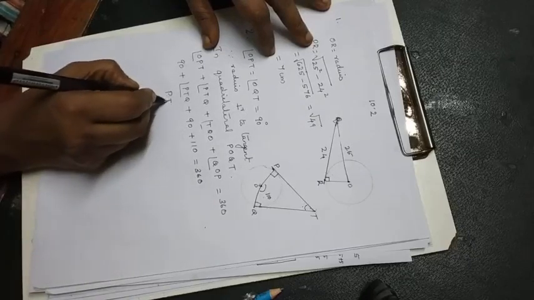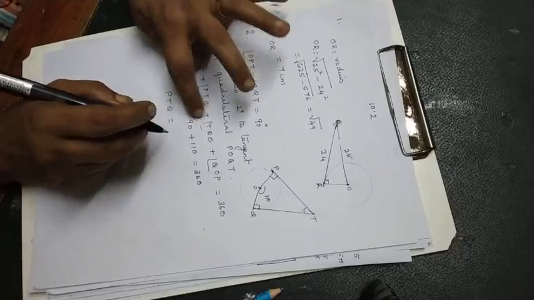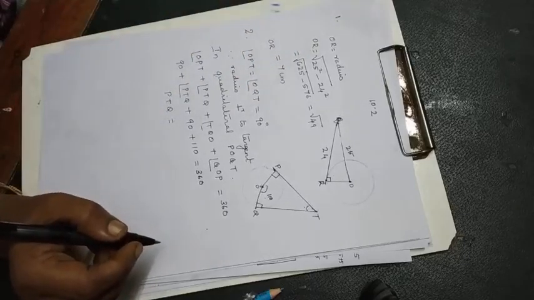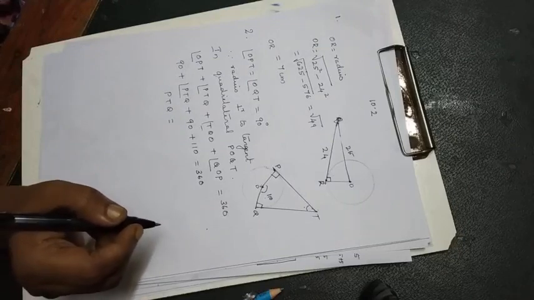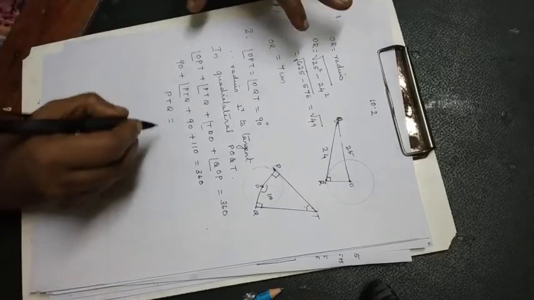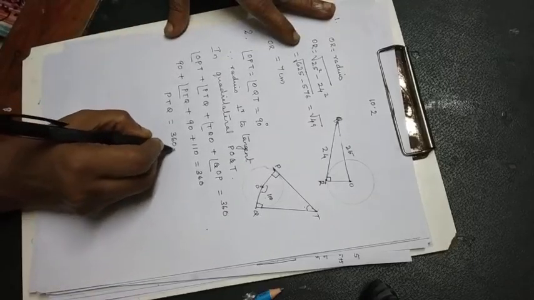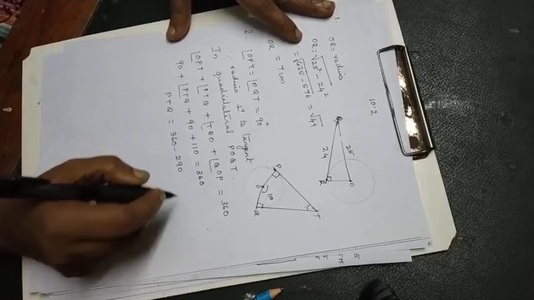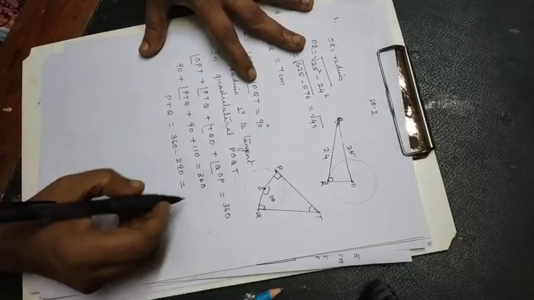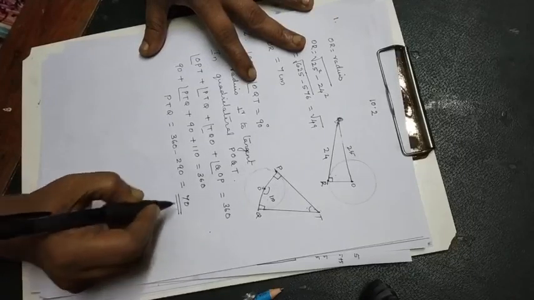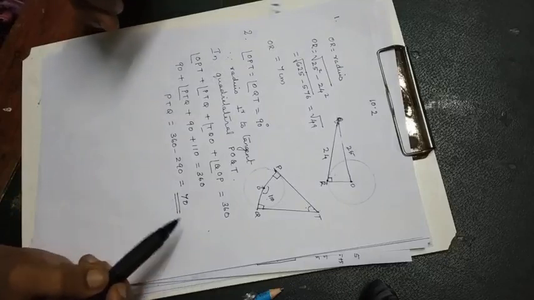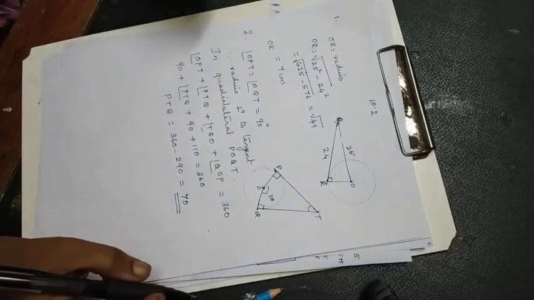So PTQ will be equal to 90 plus 90, 180, plus 110, that is 290. Then 360 minus 290, that is equal to 70 you will get. So PTQ is equal to 70 degrees.